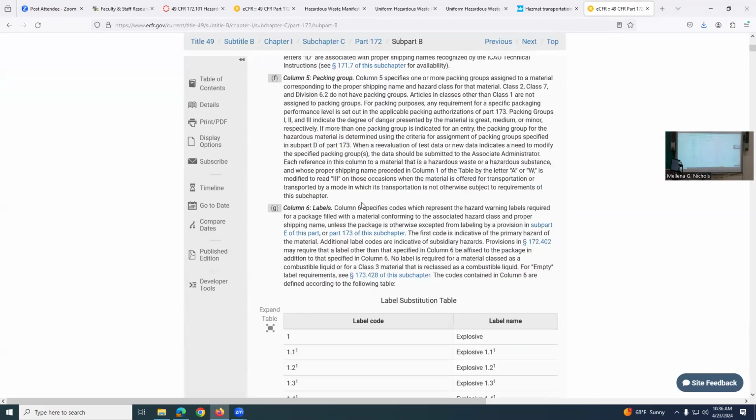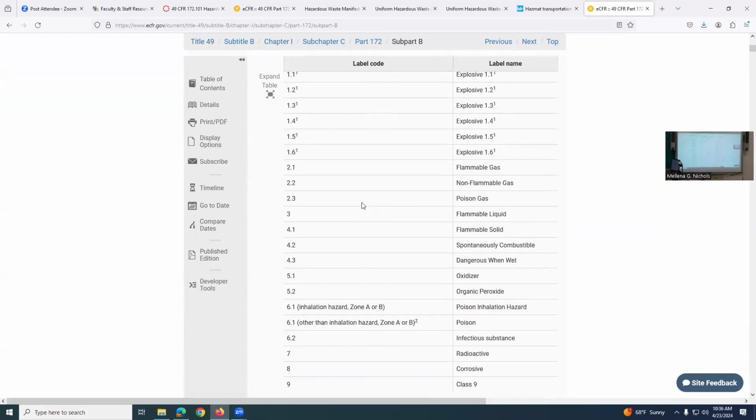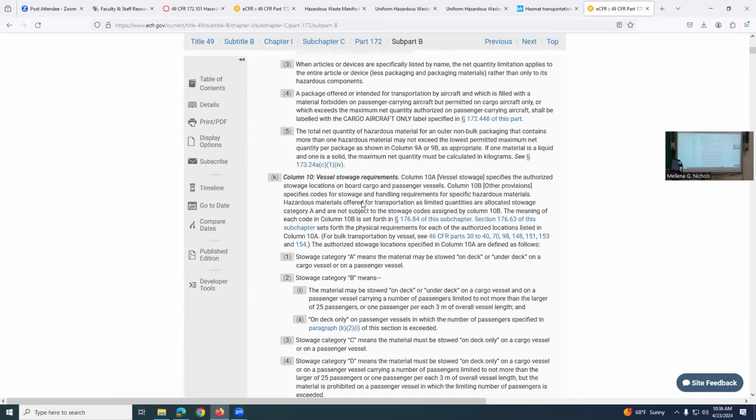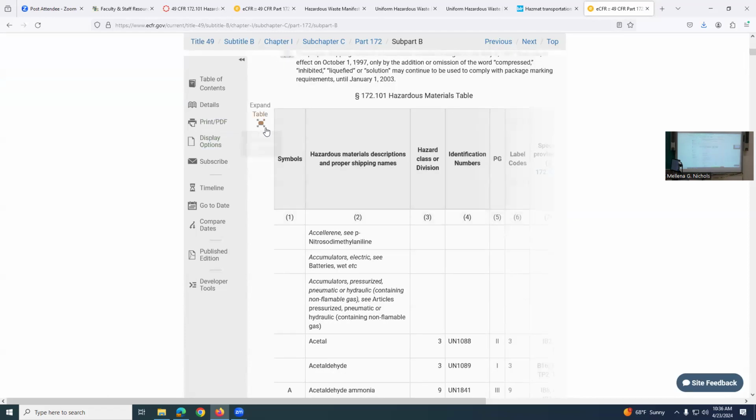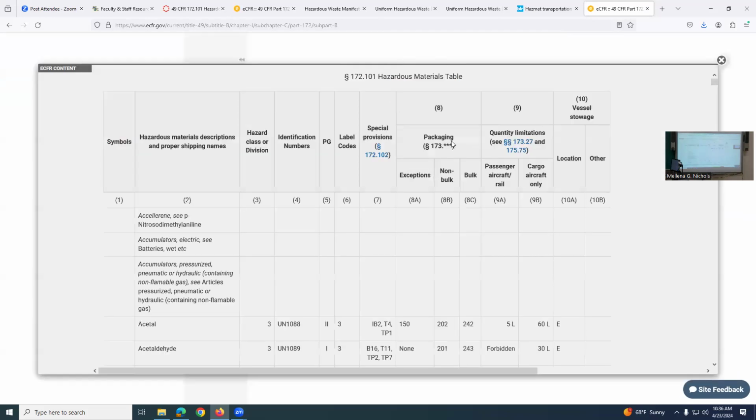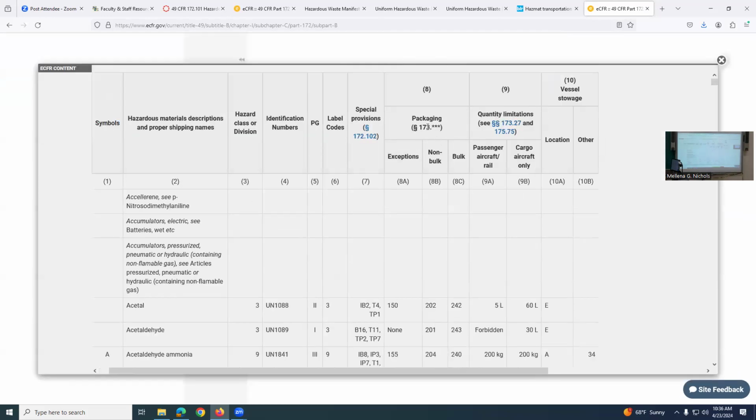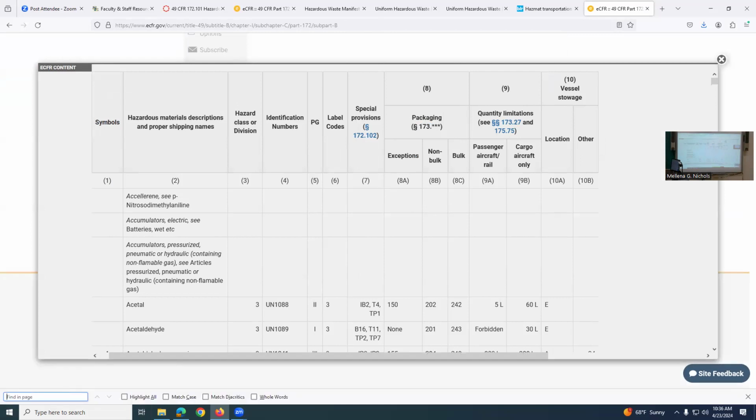The other thing that we needed was the packaging provisions, or not the packaging provisions, just the packaging. All right, so if we go to the column where it has packaging, we're looking at 173 dot whatever's in the box down here. Let me do Control F and 1490.